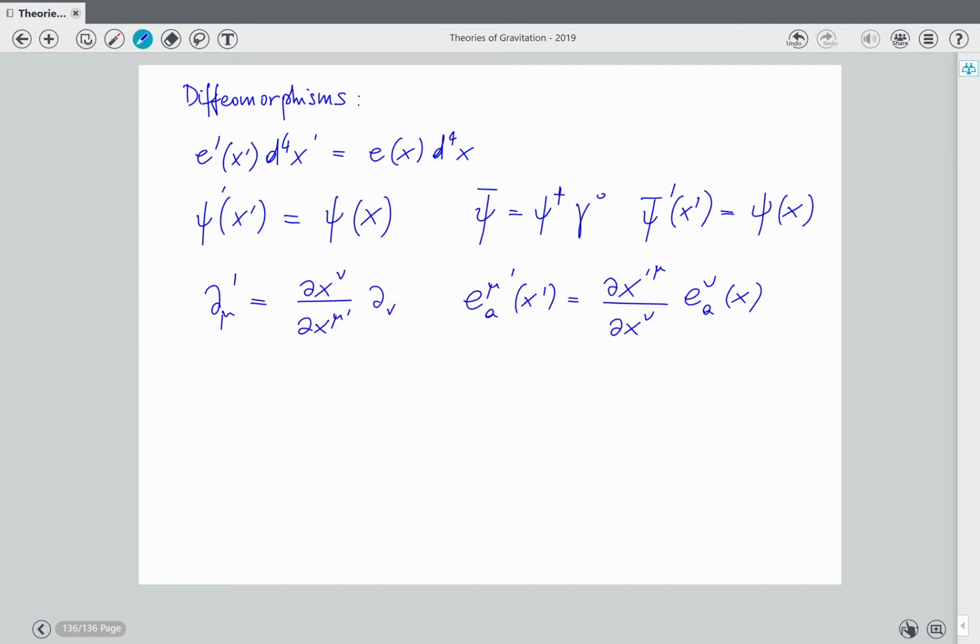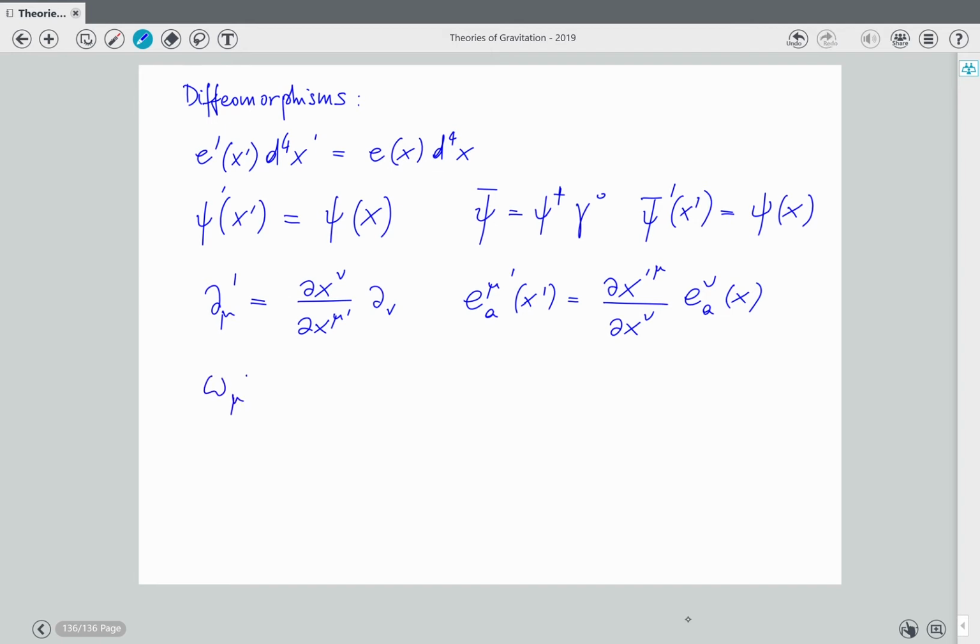When you consider diffeomorphisms, you ignore flat space indices and all indices which we do not write explicitly, which are those of the fermions. You just don't act on those, because on those indices the local Lorentz transformations do act.